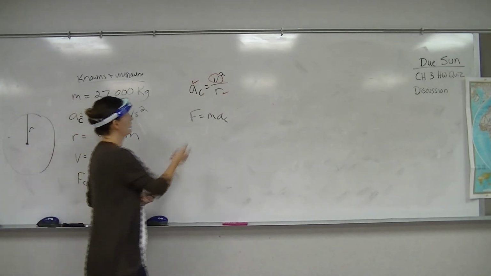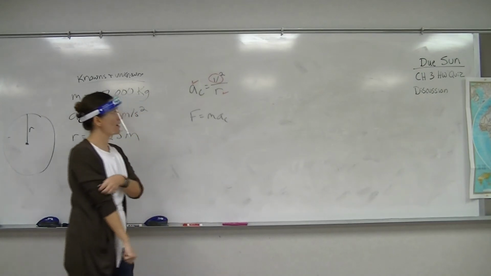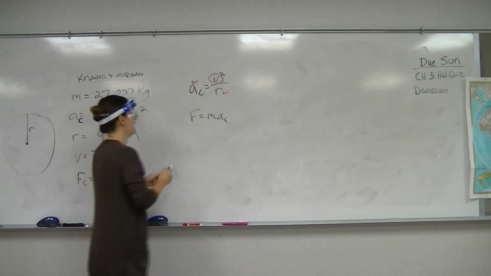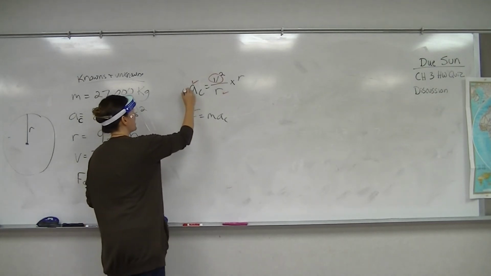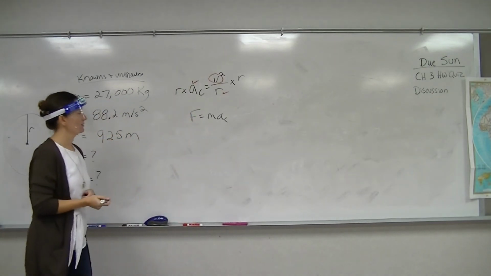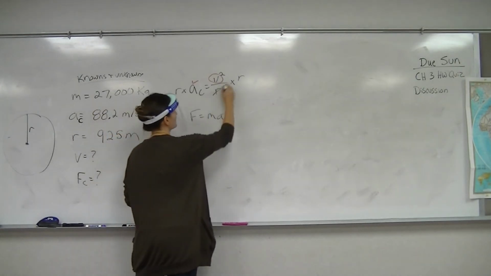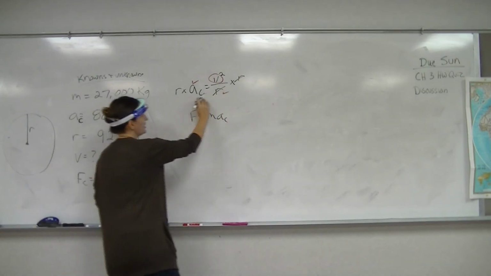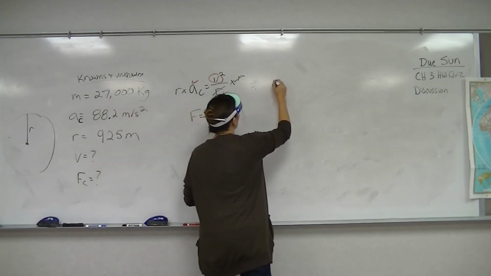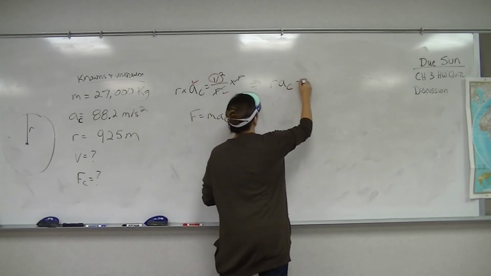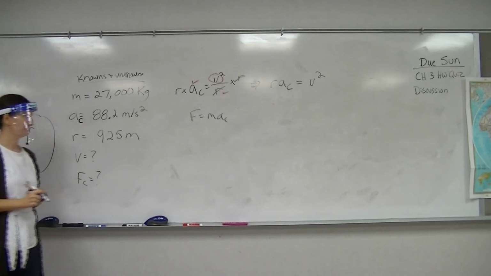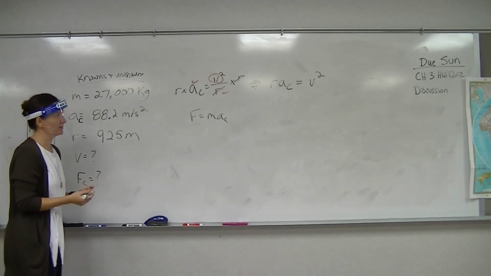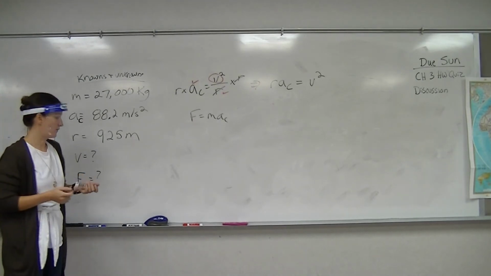All right, so radius is in the denominator. To bring it up into the numerator, I'm going to have to multiply by R. Whatever I do to one side, I have to do to the other side of the equation. So it cancels out over here, and now I have R times A sub C on one side, and V squared alone on the other. I'm not done, because I want V by itself, not squared.